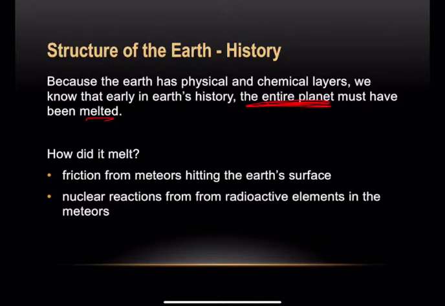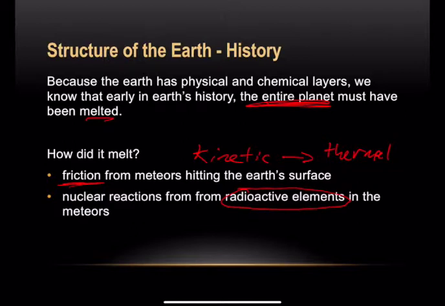It happened from the heat of meteors hitting into the Earth, that friction. So we're turning kinetic energy of moving rocks, moving meteors, into thermal energy when it hits the Earth. We also have a bunch of radioactive elements, a lot of radioactive elements inside of these meteors.